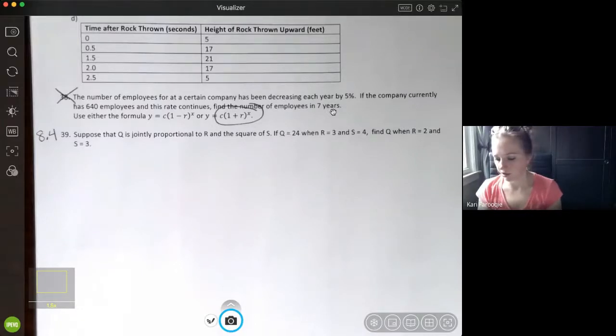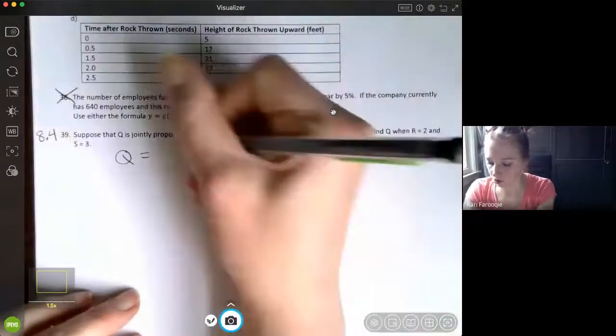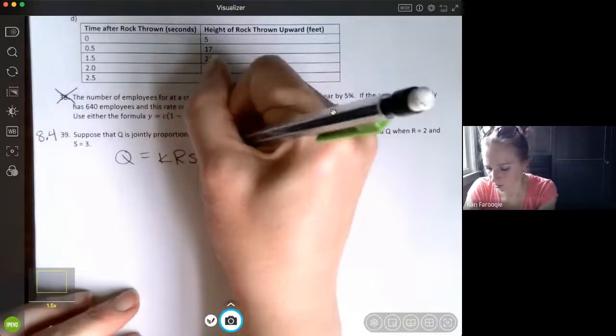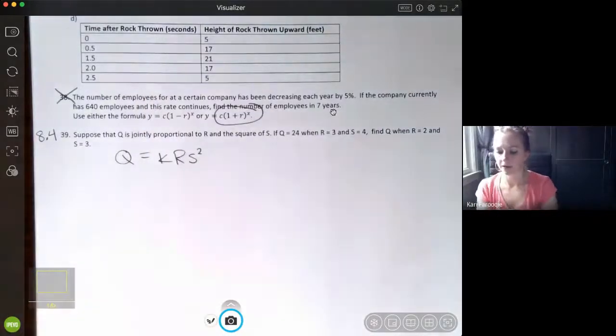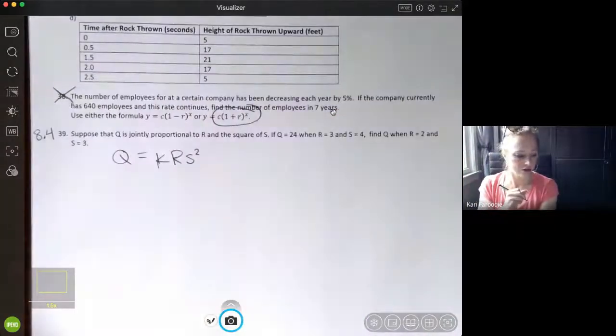And jointly just means that you're multiplying these proportionalities. Sometimes you could have combined variation, in which case you'd have two different kinds going on at the same time. But you don't see that here. You just have that Q is jointly proportional to R and the square of S. And that's how you would write this variation equation.